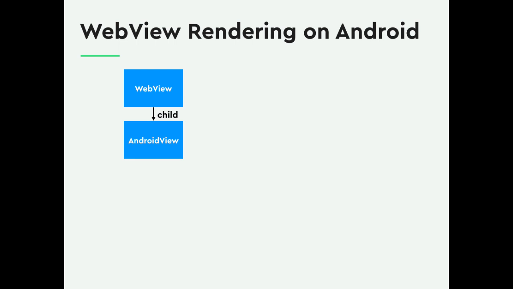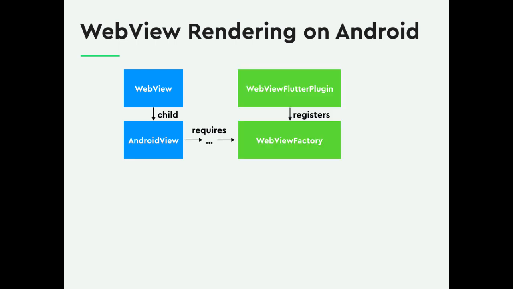When we start the app, on app start, the framework will register a WebView Flutter plugin on the Android side, and give it some ID. When you need to create a native WebView on Android, this plugin will create it for you the moment you need it. In our case, the Android view contained in the Flutter side and the WebView from Flutter use the same ID to tell the framework, hey, I need you to create this native view for me.